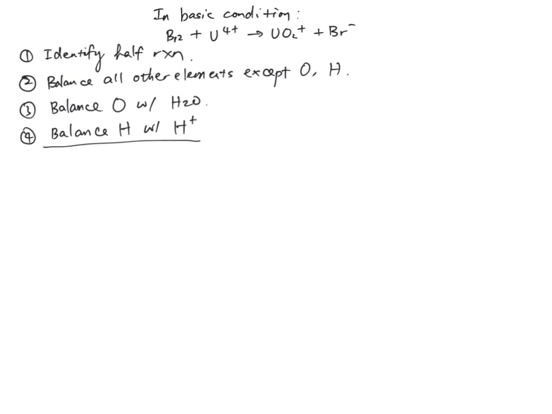All right, so after step number 4, what did we have? Let's go back. Let's have those 2 half reactions. Br2 turns into 2Br negative, and 2H2O plus U4 plus turns into UO2 plus and 4 H plus ion. So this is what we have after step number 4. Now this is where the basic condition starts to kick in. We're not gonna change our step number 5, 6.